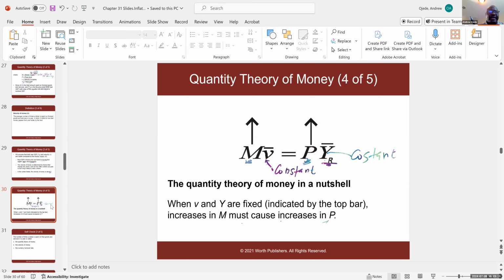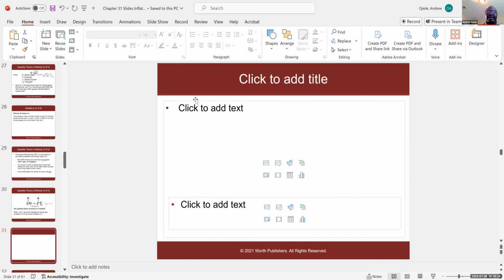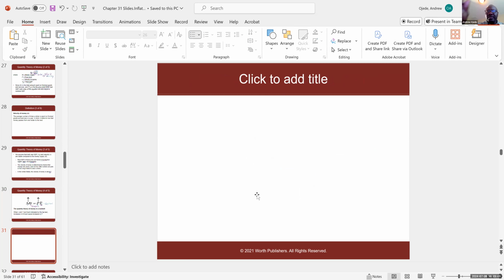Let's do a simple example with numbers, to make sure you understand this well. Suppose V is 7, and we're saying that V is constant. Your real GDP, or real output, let's say is 100.